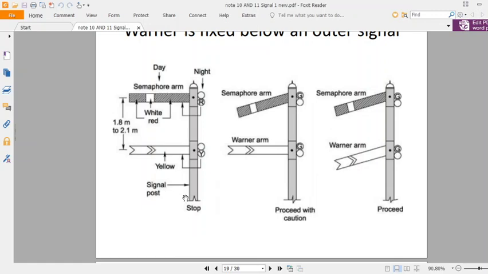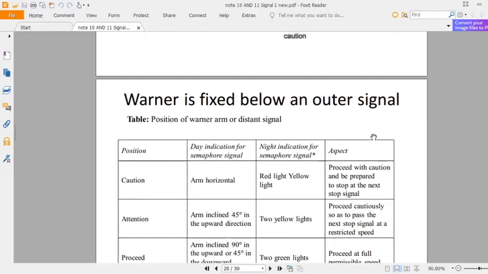The next position is attention, and it is indicated by two yellow lights, and it means proceed cautiously so as to pass the next stop signal at a restricted speed. Now this one indicates proceed, and it is indicated by two green lights, and the meaning of this signal is proceed at full permissible speed.